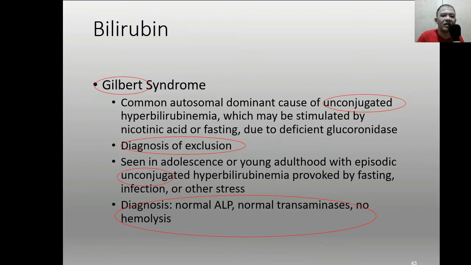In inherited or hereditary disorders of bilirubin metabolism leading to unconjugated hyperbilirubinemia, you have two conditions. You have Gilbert syndrome, which is flashed in front of you, and Crigler-Najjar syndrome. Gilbert syndrome is secondary to a deficient glucuronidase.